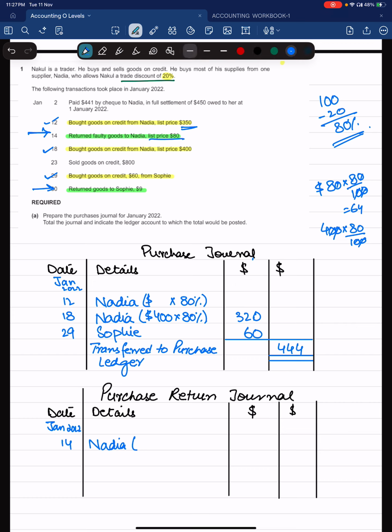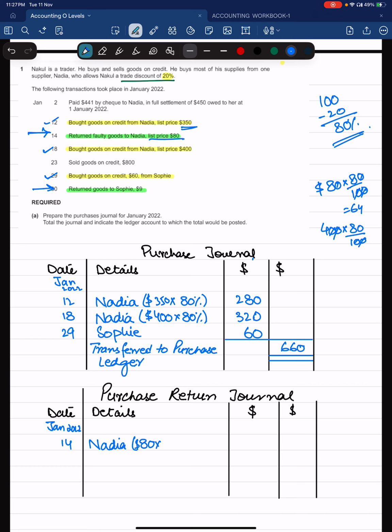This was 350. I have missed this value. 350 multiplied by 80% is 280. ठीक है, 280 plus 320 plus 60. Our total has been changed to 660. ठीक है, okay.